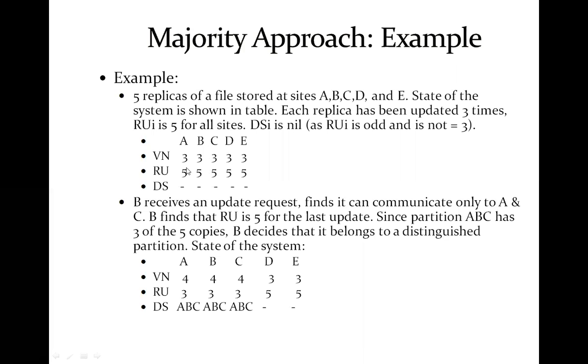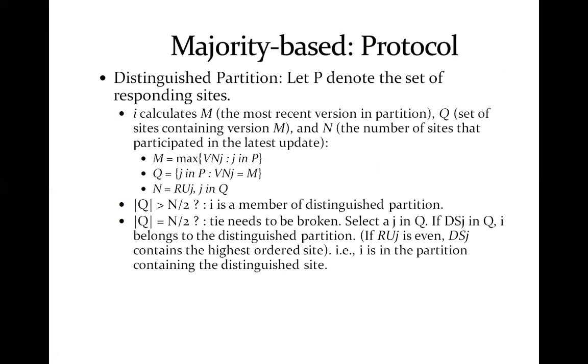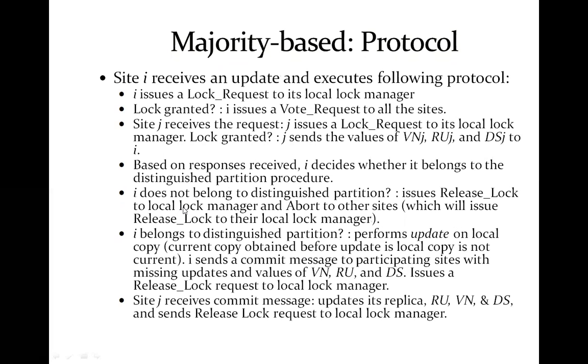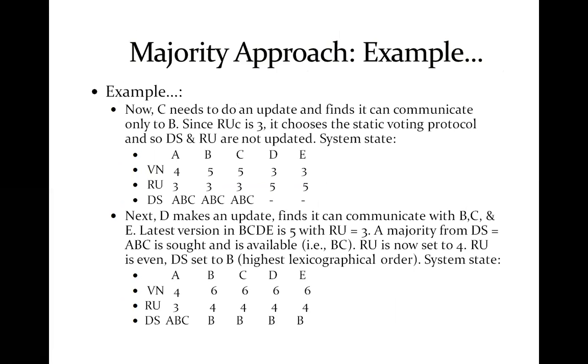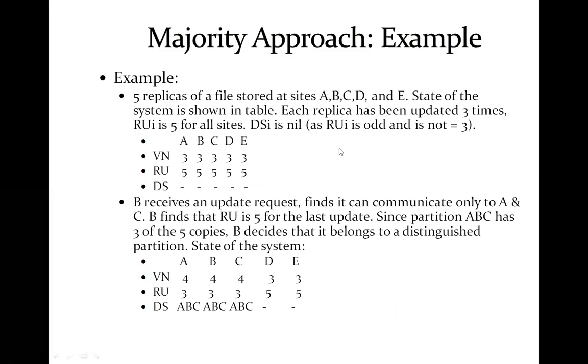Since the cardinality of Q is greater than n by 2, where n is equal to RUJ. What is RUJ? The number of replica updated, which is 5. So 5 by 2 is 2.5, and the value of Q is 3. So 3 is greater than n by 2. So it decides that it belongs to the distinguished partition set.